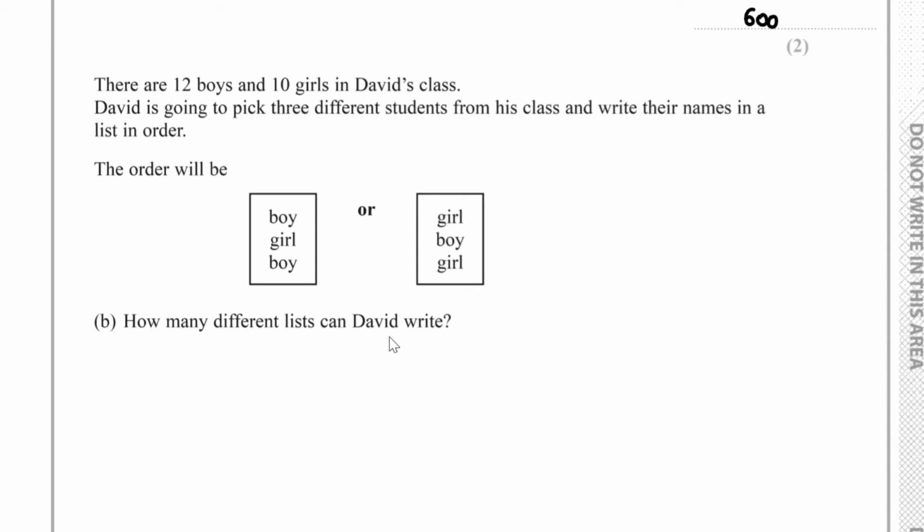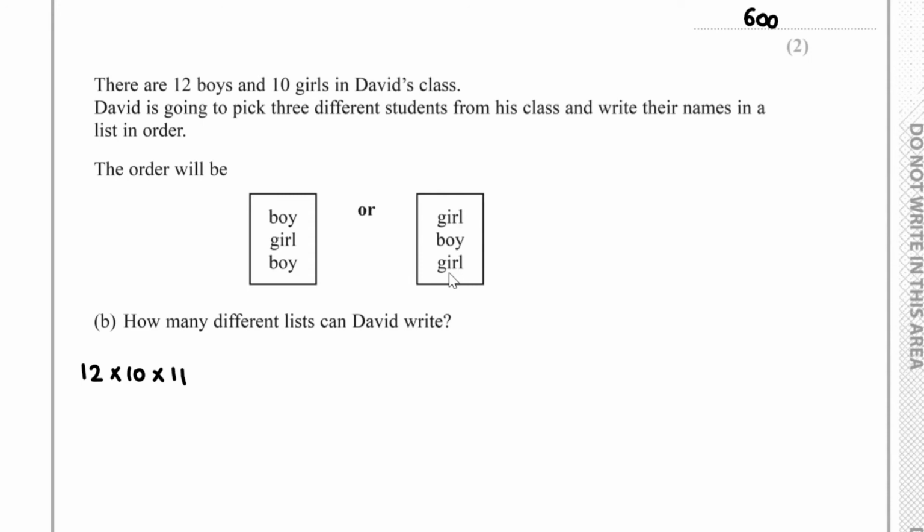if we think about it, there's 10 girls and 12 boys in this class. We can choose a boy, so that's 12 so far, and then there's going to be 10 girls, and then there's one less boy now because we've got another boy, so here we've got 11.